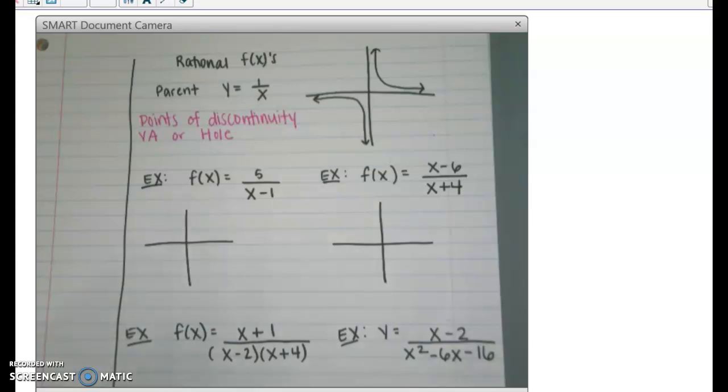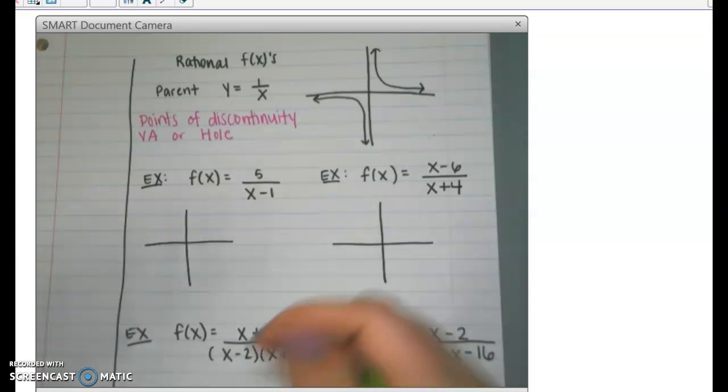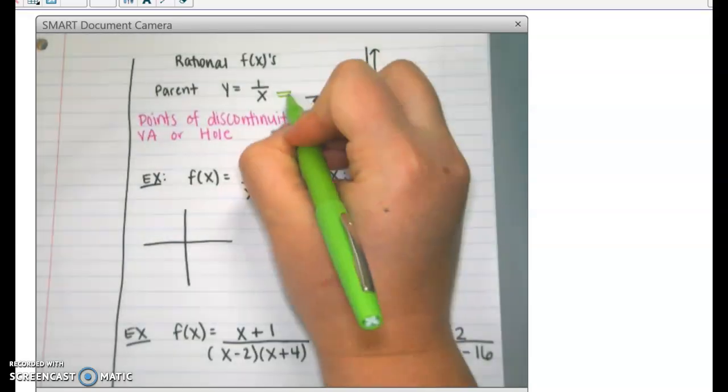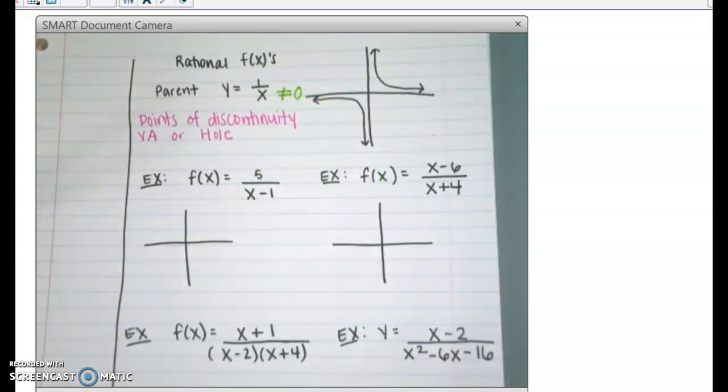So the most basic one is 1 over x. The reason that there are gaps or breaks in the graph of rational functions is because there is a number that you cannot divide by. Think about, what number are we not allowed to divide by in math? If you said 0, you would be correct. x cannot equal 0.